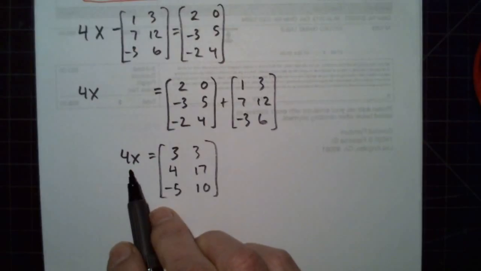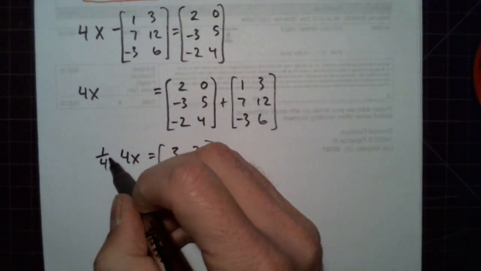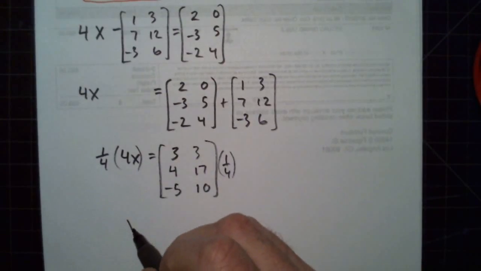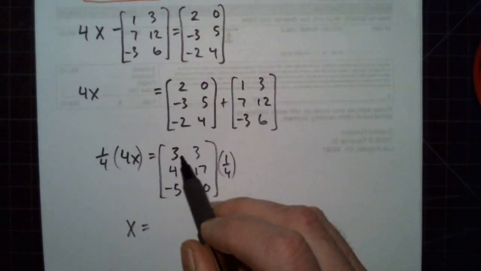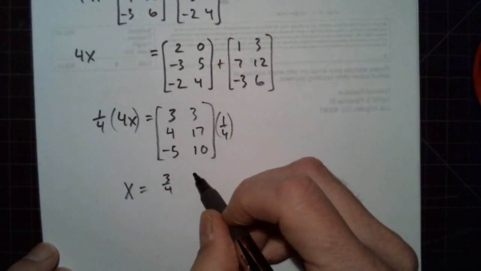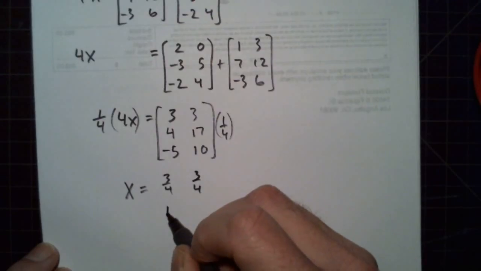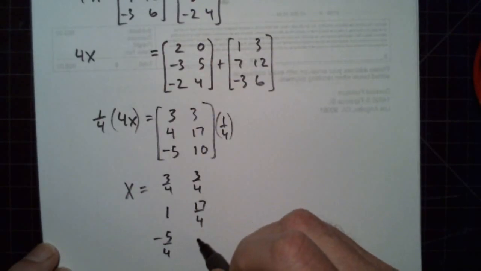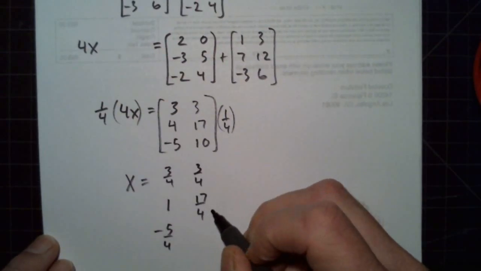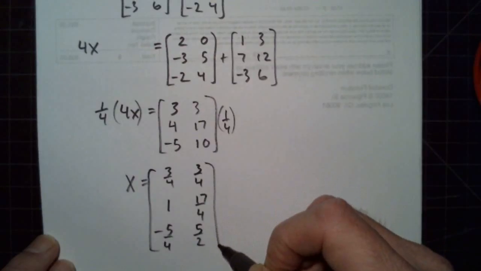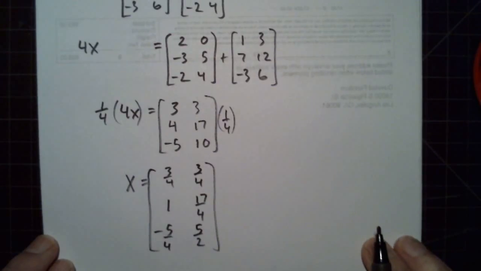And now we need to multiply both sides by 1/4. And we'll just multiply everything by 1/4. And 10 over 4 will reduce to 5 over 2.